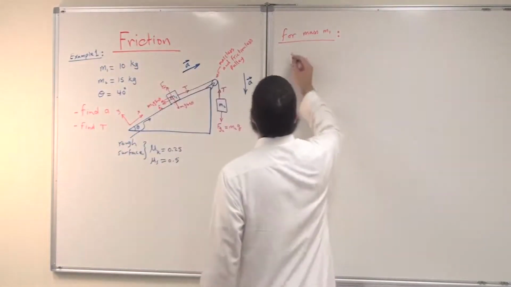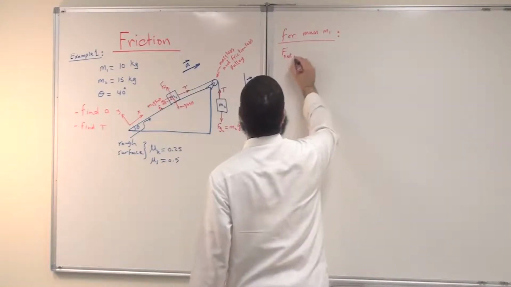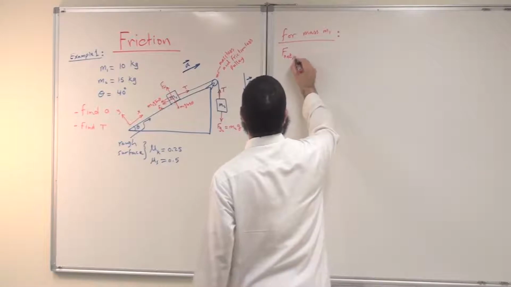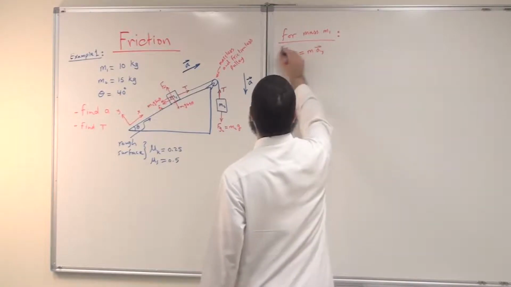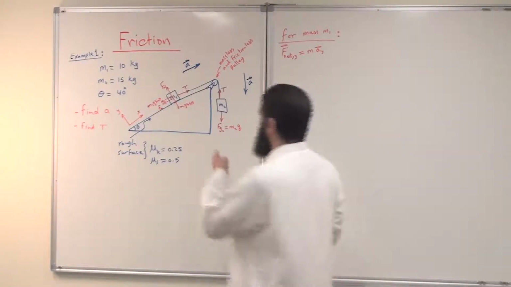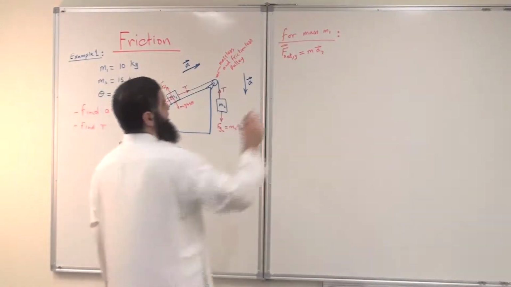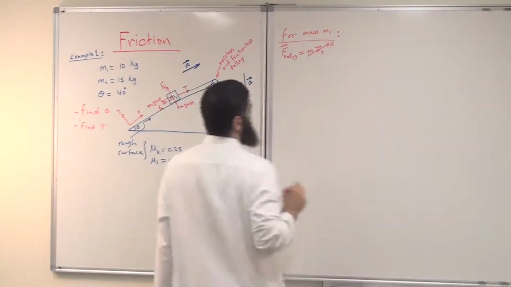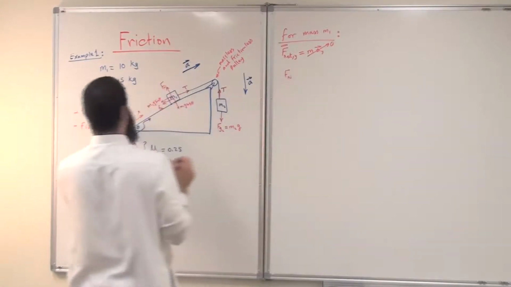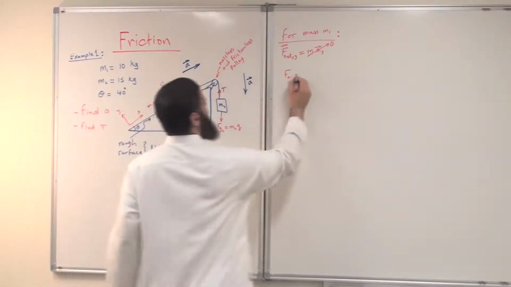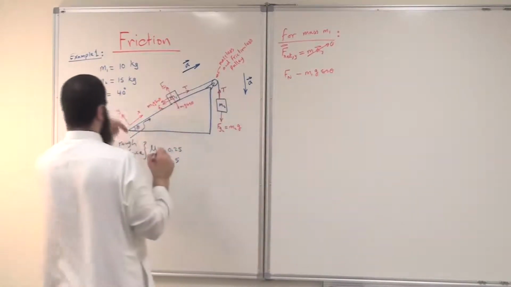So we should apply Newton's second law for this mass, F net, along the x-axis and along the y-axis. Let me start with the y-axis: F net equals M A y. But if you look at the y-axis, there is no motion along it. This means that there is no acceleration. Acceleration is equal to 0. What are the forces along the y-axis? I have Fn positive, and M1G cosine theta negative, in the negative y.